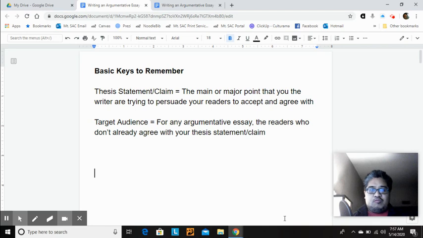Who is that group of people that you are trying to convince, rather than just all of humanity or everyone that you know? Is there a specific group of people who you know would disagree with you? Imagining that specific audience will benefit you in terms of different aspects of your argumentative essay.